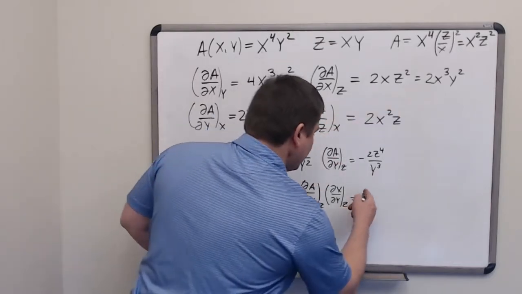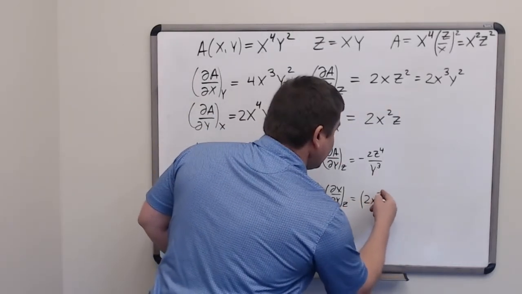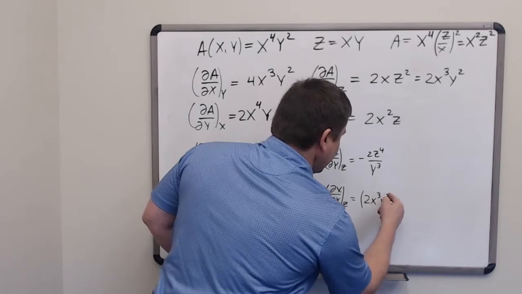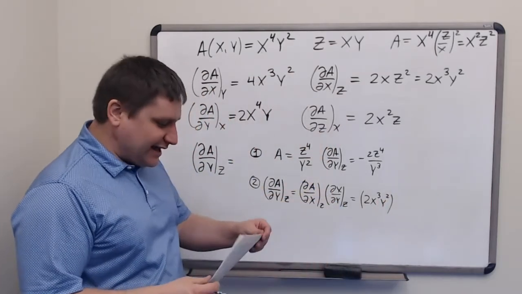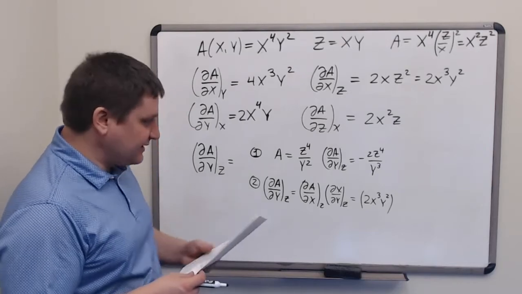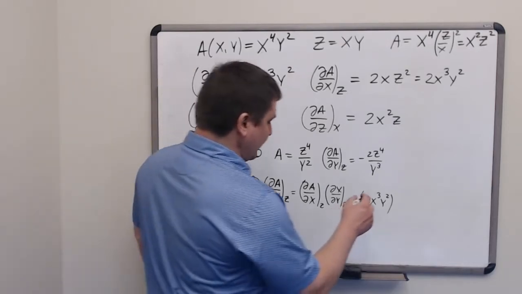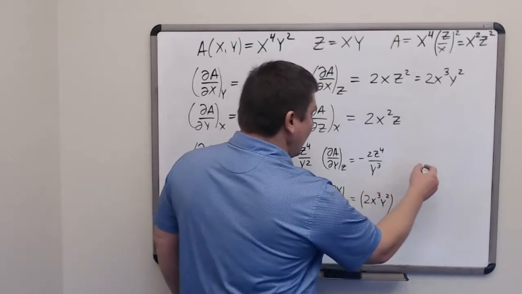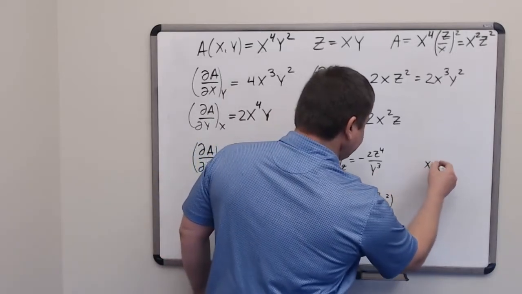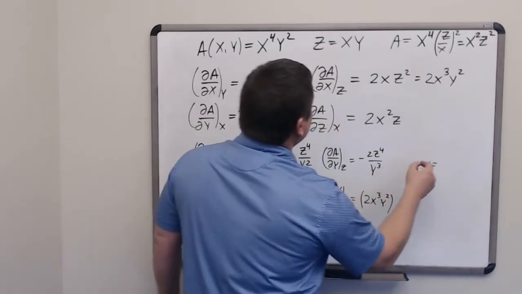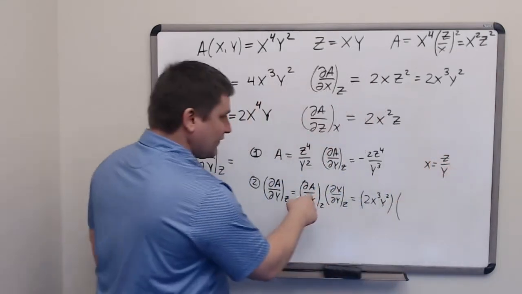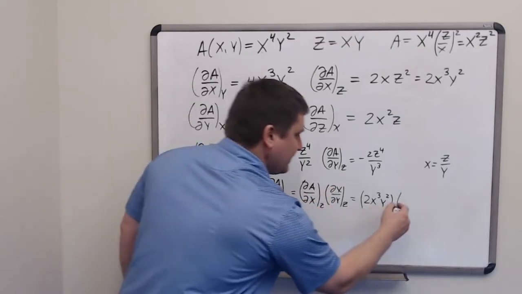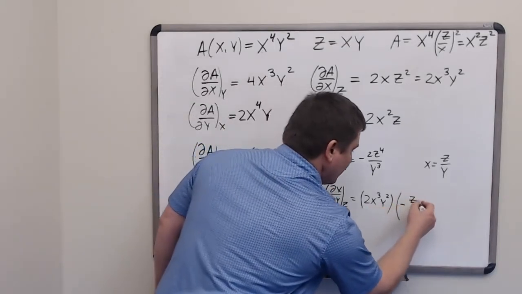That's 2x cubed y squared. dx/dy with z held constant is something new that we need to get. So x in terms of y and z would be x equals z over y. So the derivative of x with respect to y is minus 1 times z over y squared.